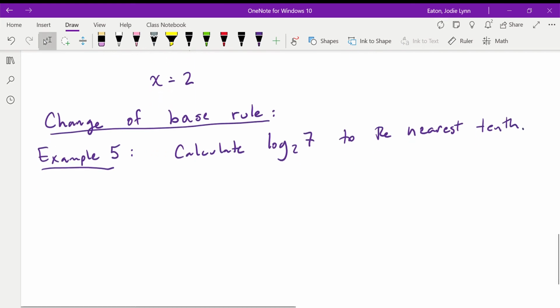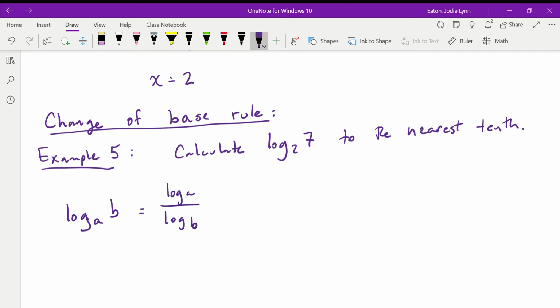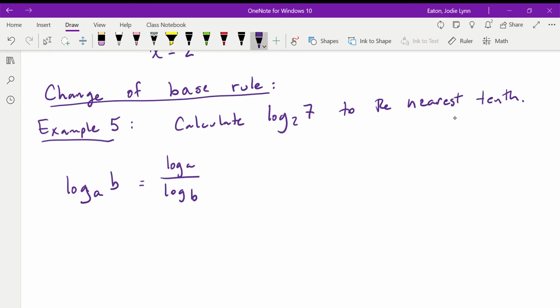So change of base says log base a of b equals log a over log b. And actually, this is changing to base 10, but you can do it to any base x: log base x of a over log base x of b.